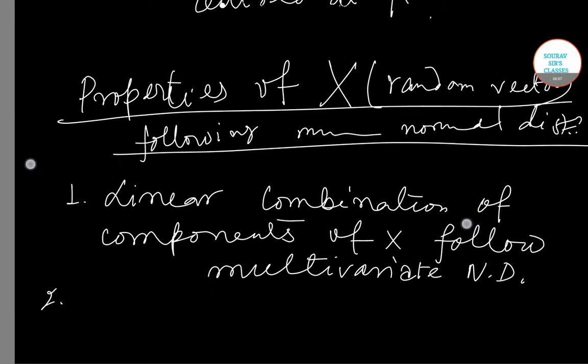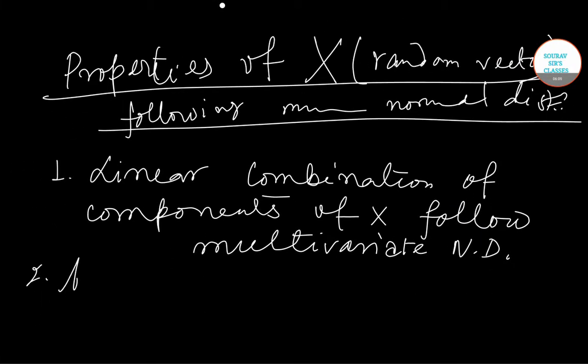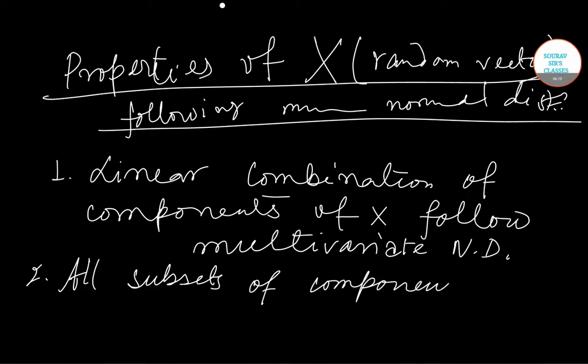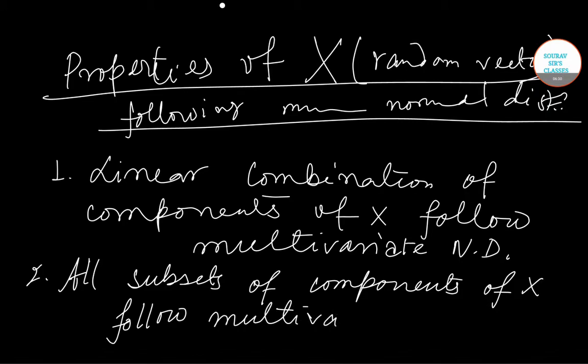Point number 2 is all subsets of components of x follow multivariate normal distribution.